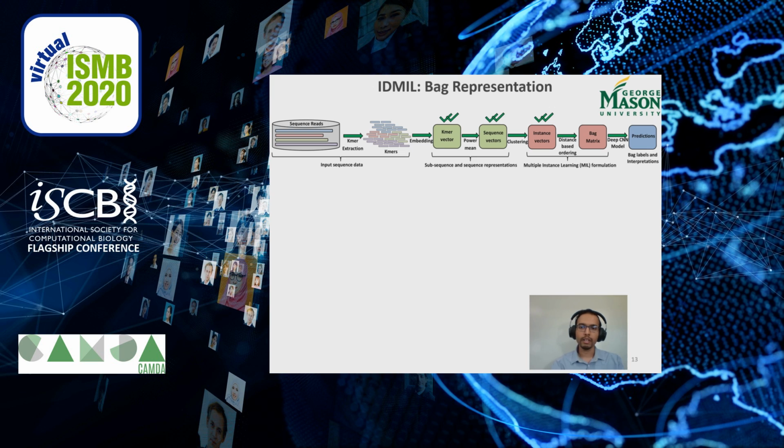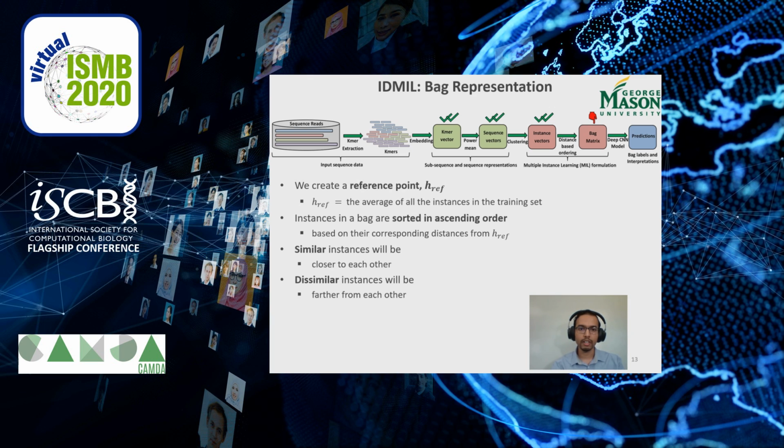We create the bag representation for each metagenomic sample. To create the bag representation, we simply create a reference point, h_ref, which is the average of all the instances in the training set. Then we sort all those instances based on their corresponding distance from h_ref in ascending order.